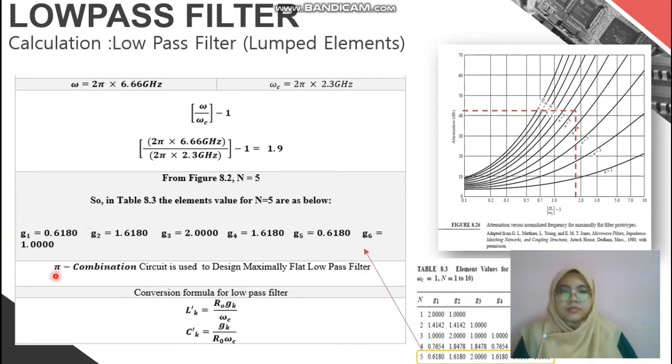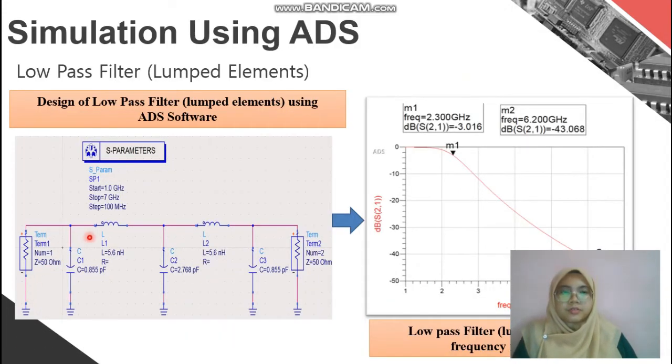Then we use the pi combination circuit to design the maximally flat low pass filter using the conversion below. I'll show you in the next slide. For example, this is the pi circuit.